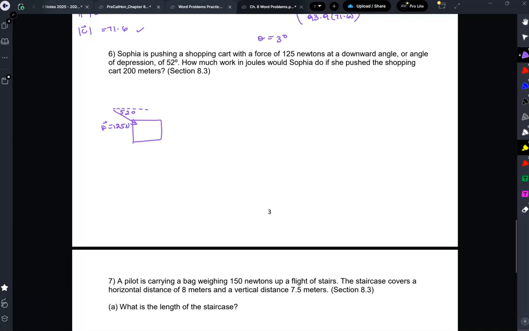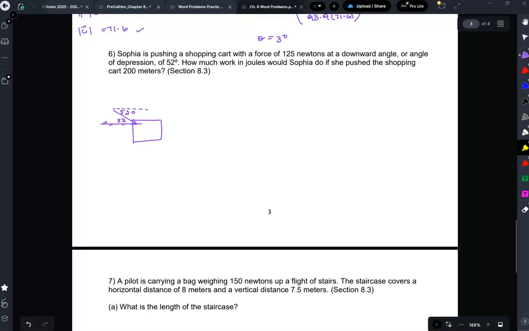How much work in joules will Sophia do if she pushed the shopping cart 200 meters? Okay, so if that's 52 degrees, then if I do this, so is this one, right?